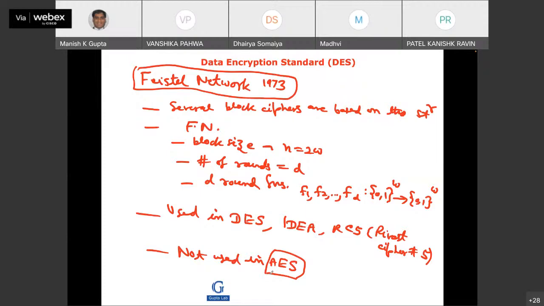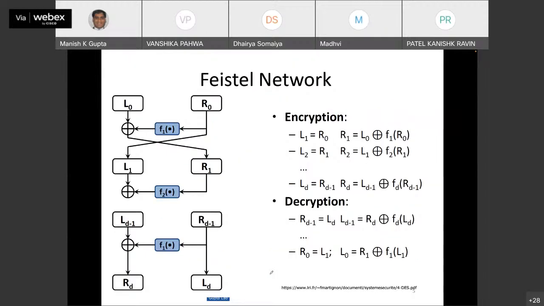Let me show you. Here is an example of a Feistel network. f1, f2, up to fd are the round functions. L1 is equal to R0, R1 is equal to L0 exclusive-or f1 of R0.